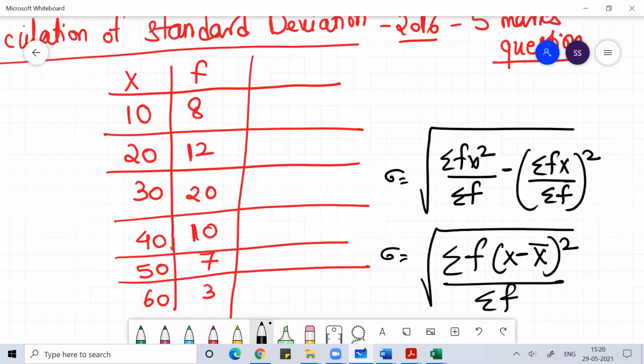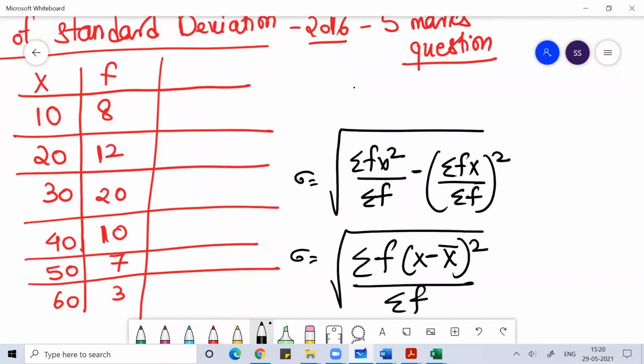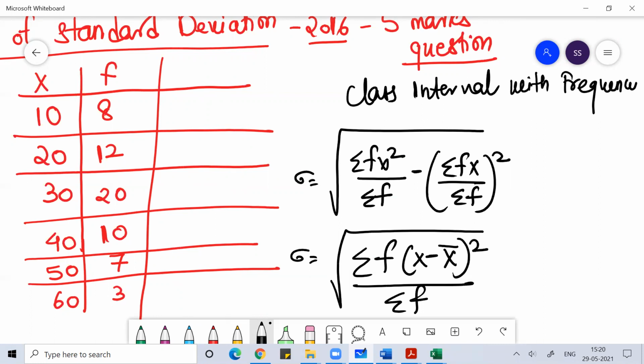If in the question you have class interval with frequency, you'll use this formula to calculate the value of standard deviation. Square of this will give you the variance. I hope that part you are clear with.